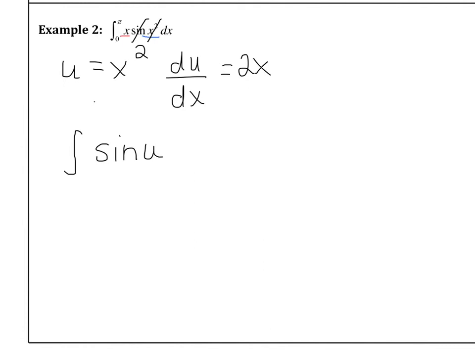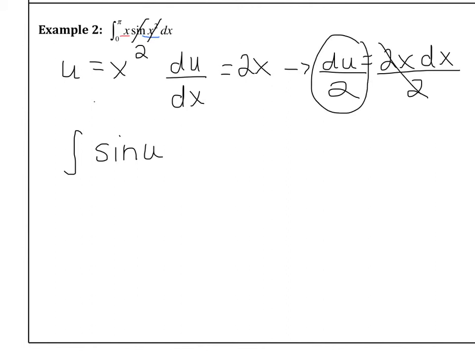Now I just need to squeeze in an x dx. So if I come over here, du is equal to 2x dx. And while I don't need the 2 in there, I just want to swap in something that's equivalent to x dx. So we will divide both sides by 2, and that'll do it, right?